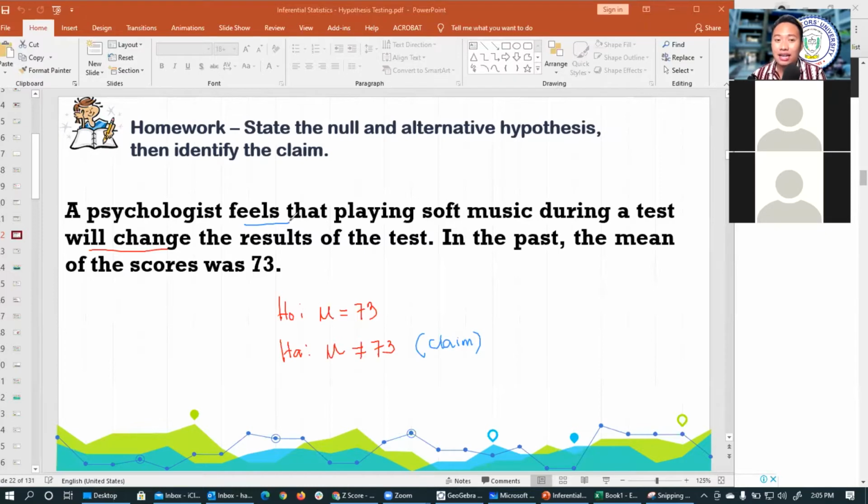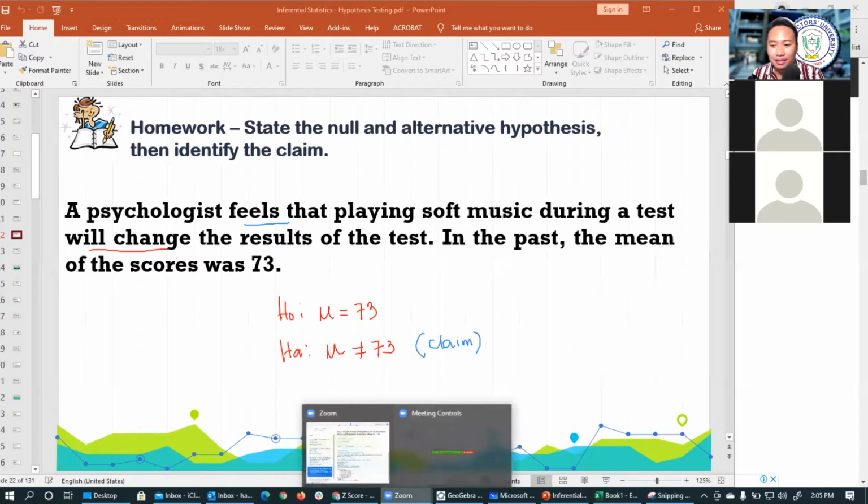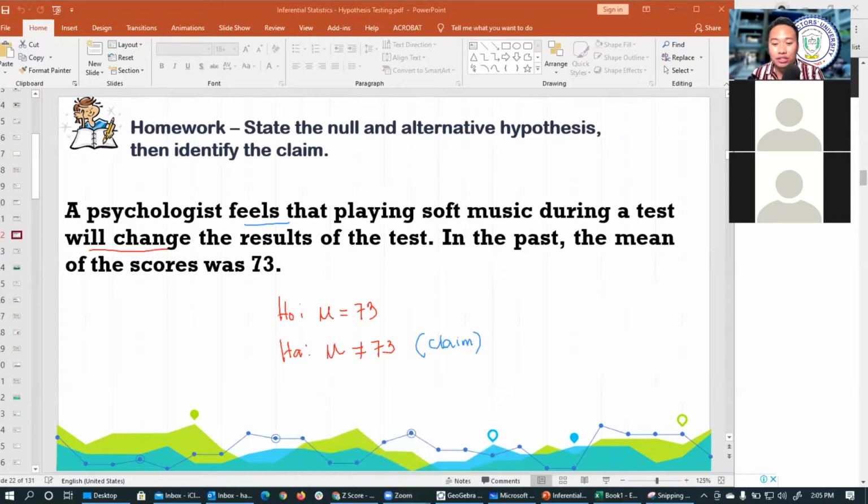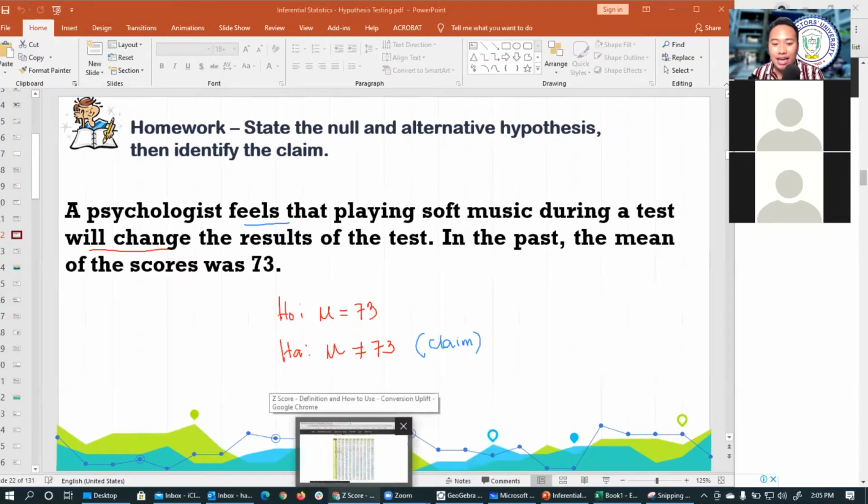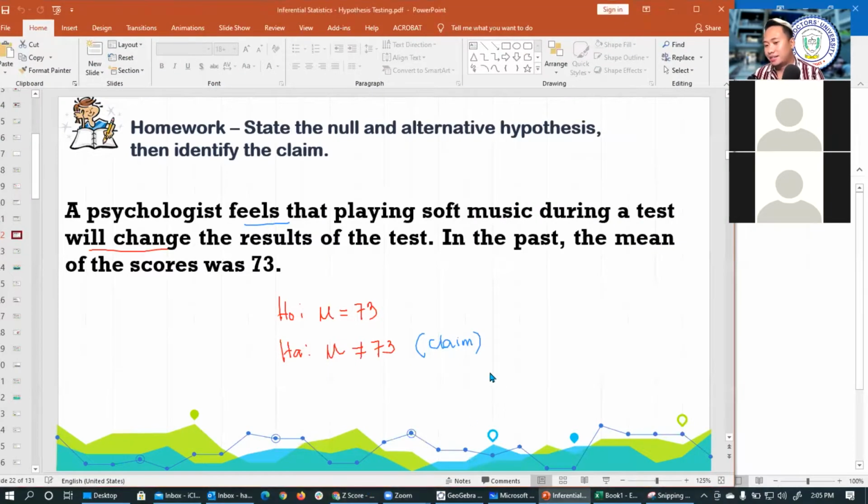So that's clearly telling us that the statement gives us an idea that the alternative hypothesis is the claim. Questions so far? One minute, and then just type in your questions if you have any. If not, I'll proceed to the next slide.